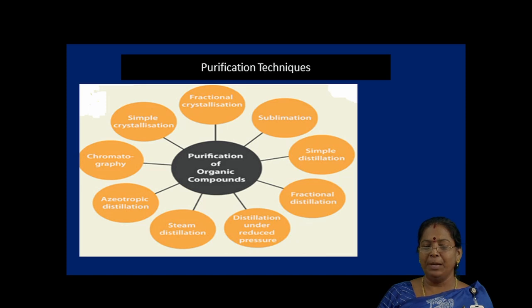First one, sublimation, then simple distillation, fractional distillation, distillation under reduced pressure, steam distillation, azeotropic distillation, chromatographic techniques, simple crystallization, fractional crystallization are the important purification techniques for organic compounds. In this session, we are taking only two purification techniques. First one, sublimation, second one, crystallization.